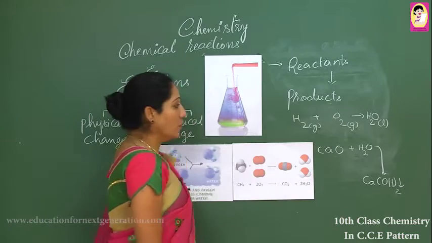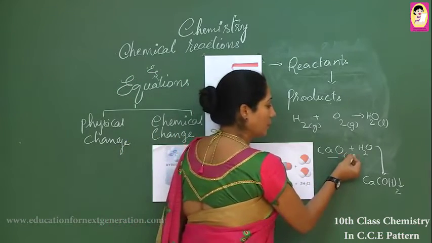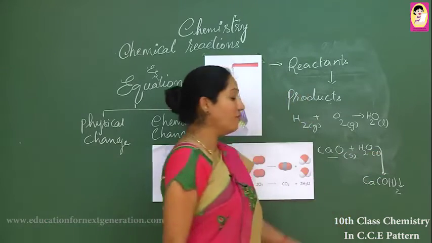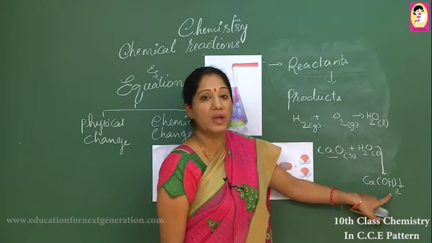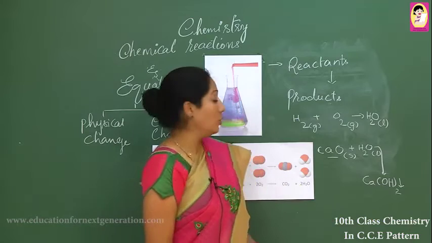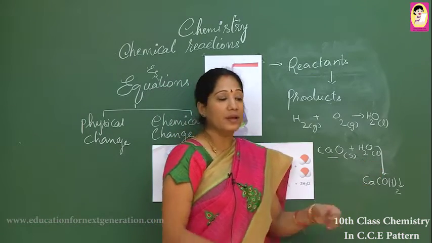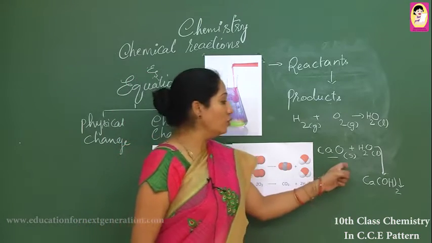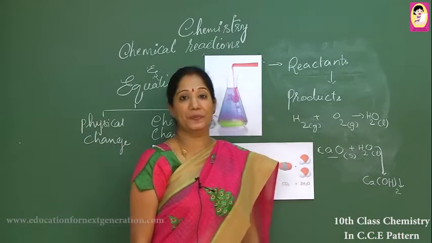Now look here: calcium oxide, a solid, and water, a liquid, give rise to a semi-solid solution, or a precipitate is obtained. When this calcium oxide is dissolved in water, it emits some amount of heat energy. Therefore, this reaction is called an exothermic reaction.